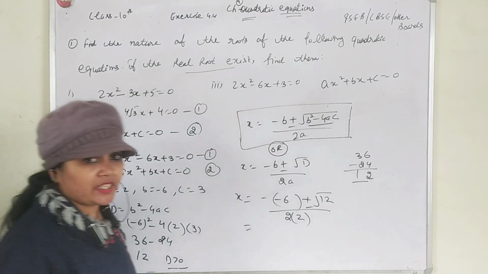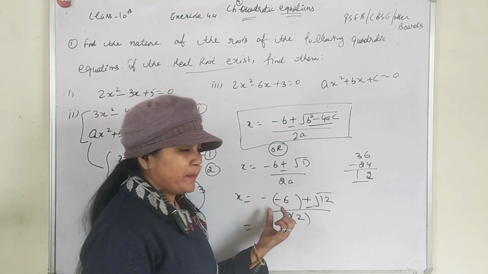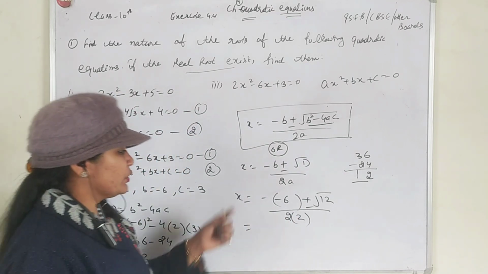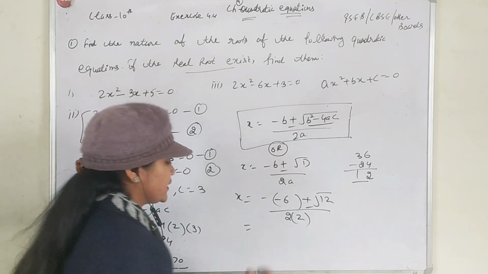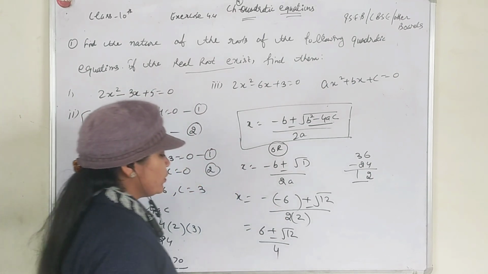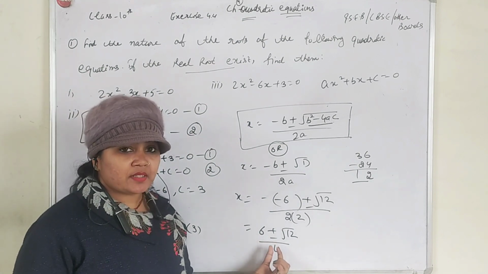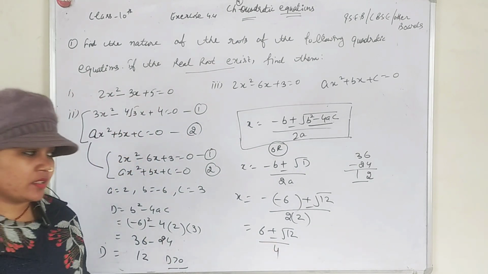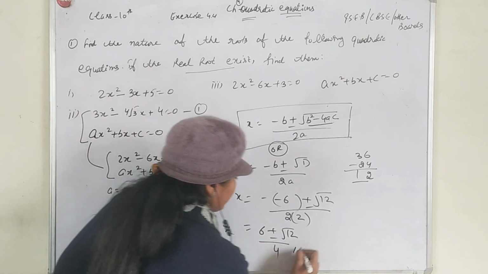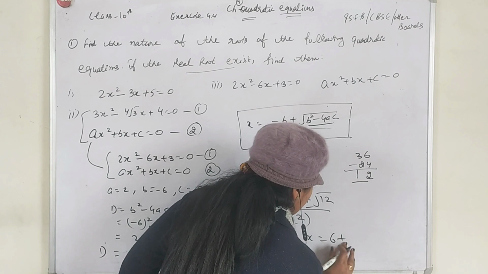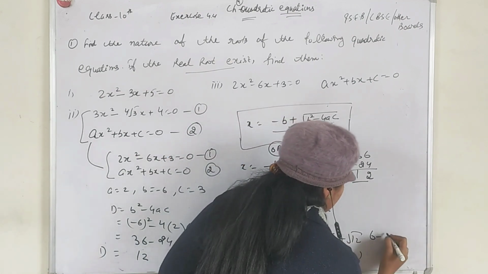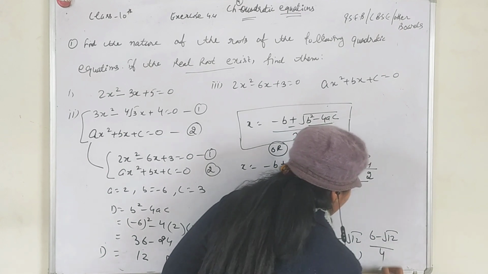Now we will calculate these values. Minus minus is plus, because when we multiply by minus two times we get plus. So x = (6 ± √12) / 4. Here there are two signs, plus or minus, so we get two answers. The first is x = (6 + √12) / 4, and the next is x = (6 − √12) / 4.